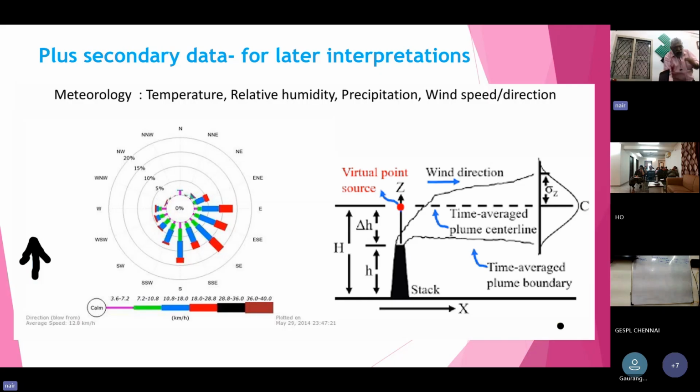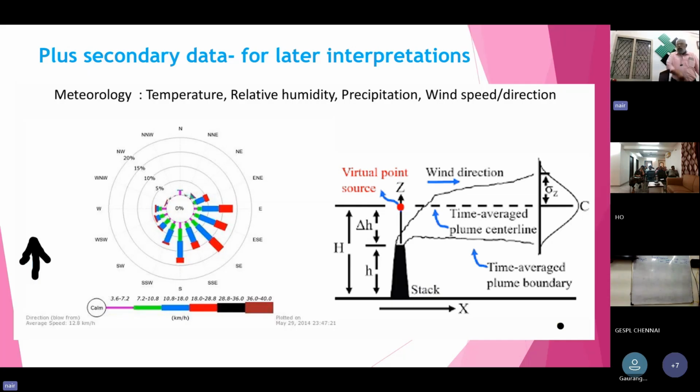Then you should be able to say what the shape of the plume will be. This is a plume. You know plume? See, plume behavior. In any of the EIA reports, I haven't seen anything telling about the plume behavior.